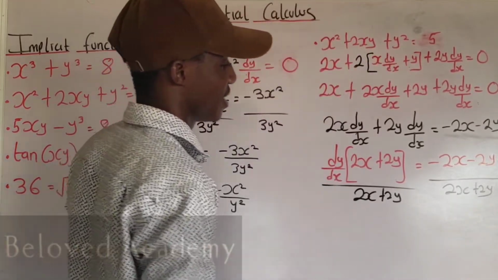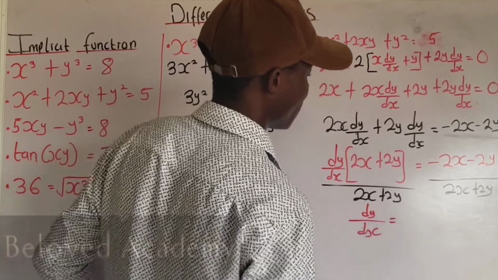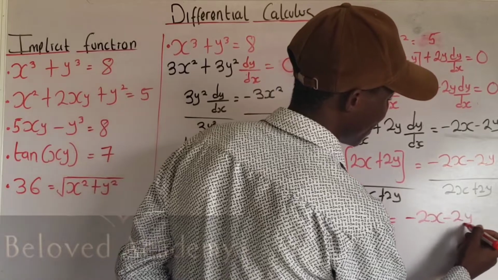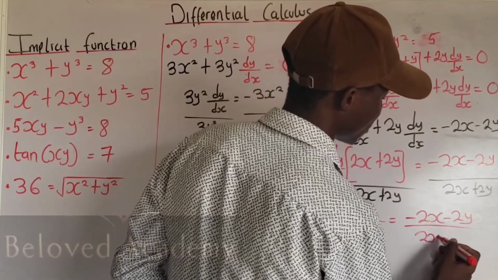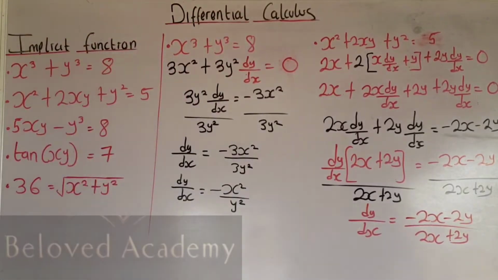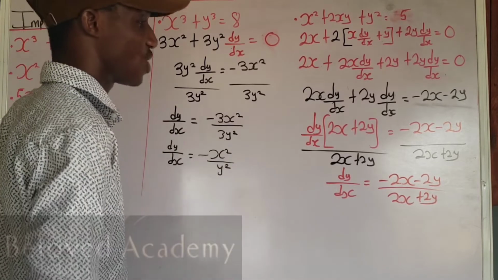Now, dy over dx is equal to negative 2x, negative 2y, all over 2x plus 2y. I'm very sure you understood how I got that. Now, you can factorize 2 out of both numerator and denominator.